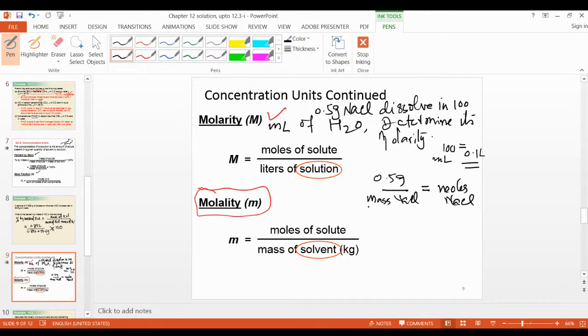This is mass over molar mass, right? So how much is the molar mass? Sodium is 23, chlorine is 35.5. So 23 plus 35.5 is 58.5. So 0.5 divided by 58.5. How many moles do you get?